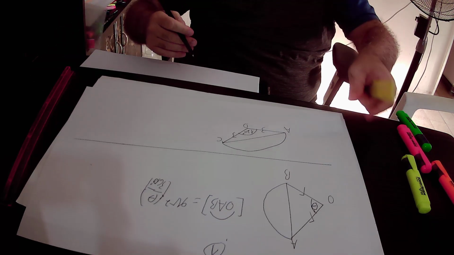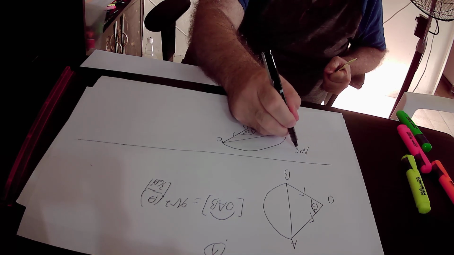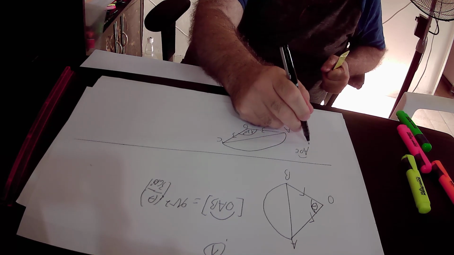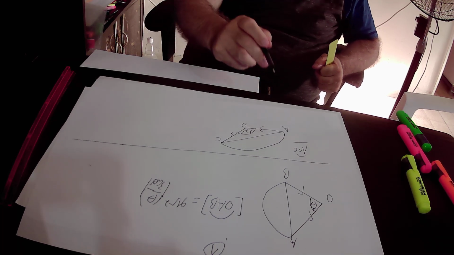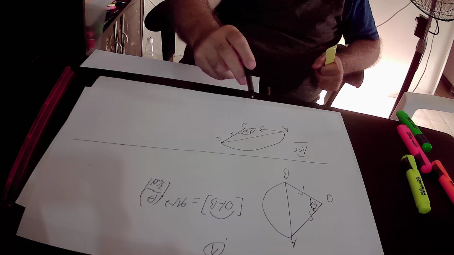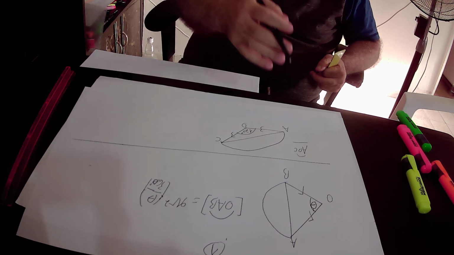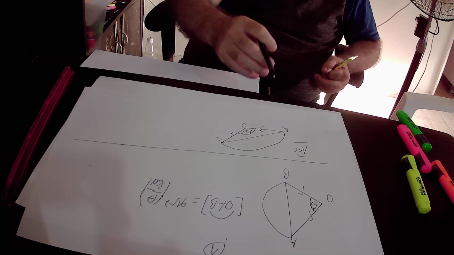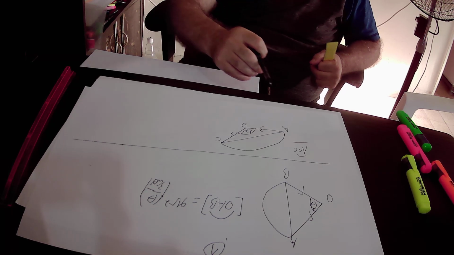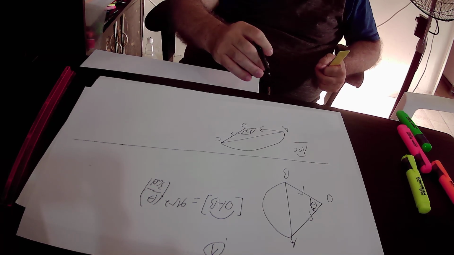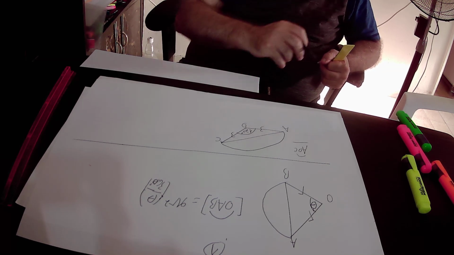So this is sector AOC that I copied from the original drawing. AO equals 3 units, OC also equals 3 units. They are both the radii of the semicircle that contains the sector. AO and OC are also defined as the legs of sector AOC. The angle between the legs of sector AOC equals 120 degrees, that is to say theta equals 120 degrees.